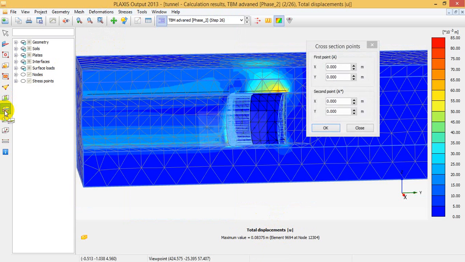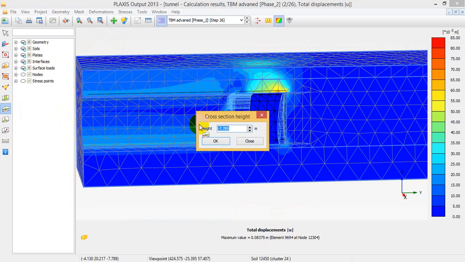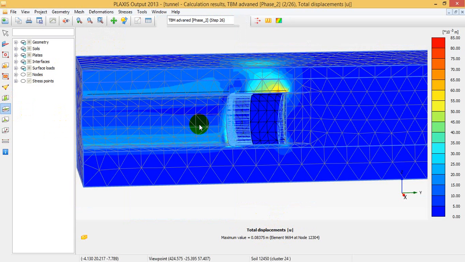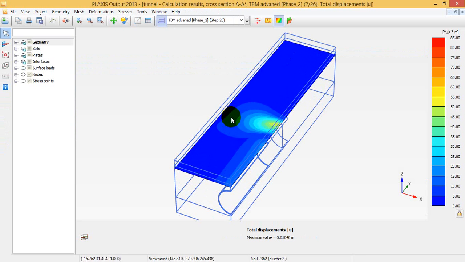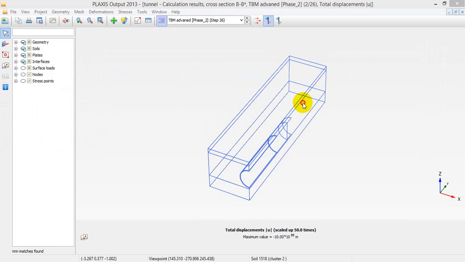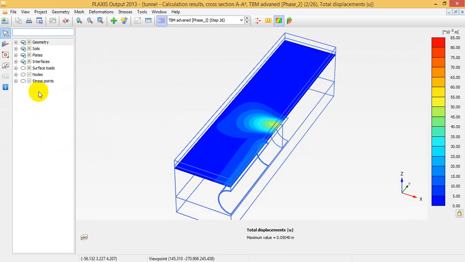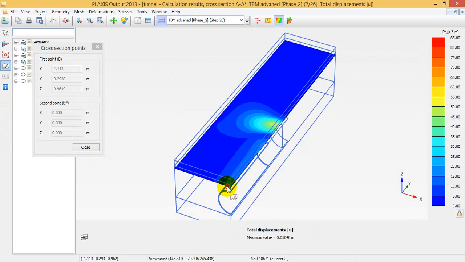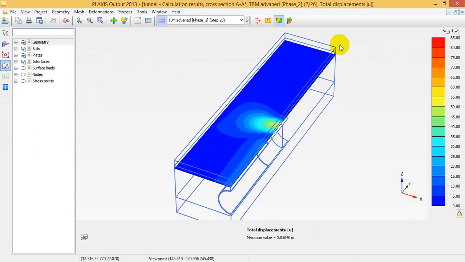If you take a horizontal section at, for example, -1, this is the section, and also if you want to take, sorry, I'm going to take a cross section like here, for example.